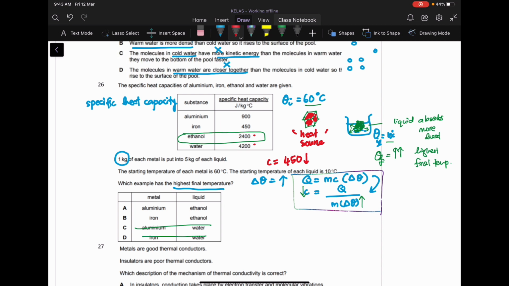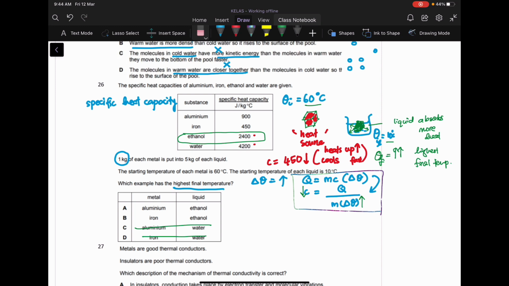What do you understand when you say specific heat capacity is low? That means it heats up fast and it cools down fast. Do you understand what I'm trying to say?